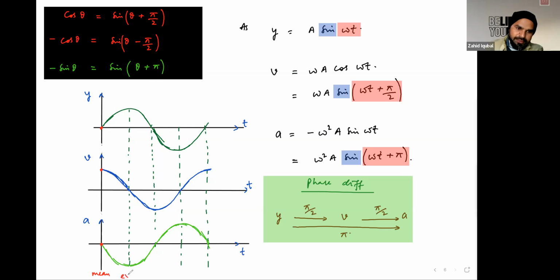But this is extreme position. Acceleration is maximum, velocity is minimum, and displacement is also maximum. So we may define different terms, or its maximum or minimum with respect to its mean or extreme at different points from this particular graph.